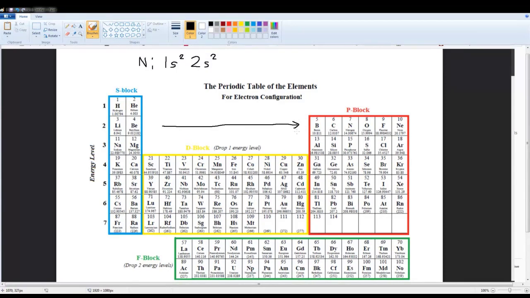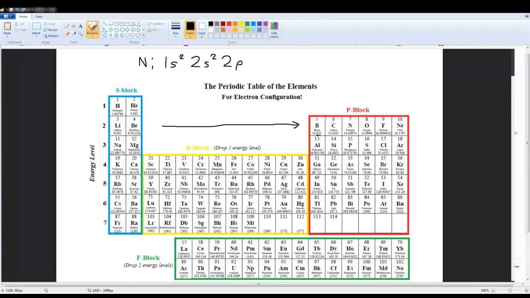Then I go across. This is still the second row, but it's the p block, so this is 2p. Now I have to fill up every place until I get all the electrons I need. Nitrogen has a total of 7 electrons. I've already filled 2 in the 1s and 2 in the 2s.